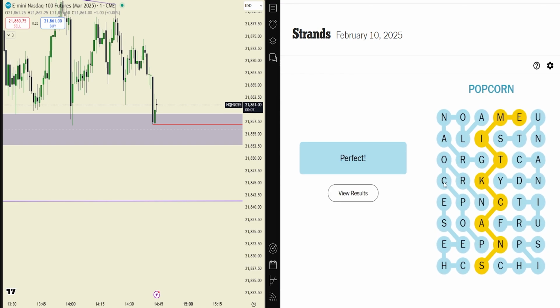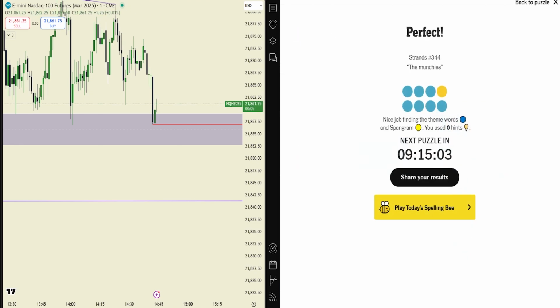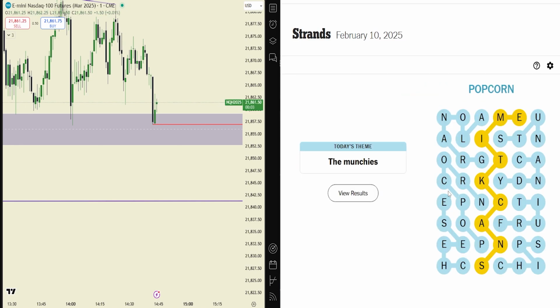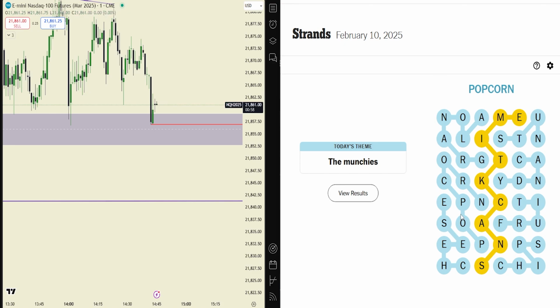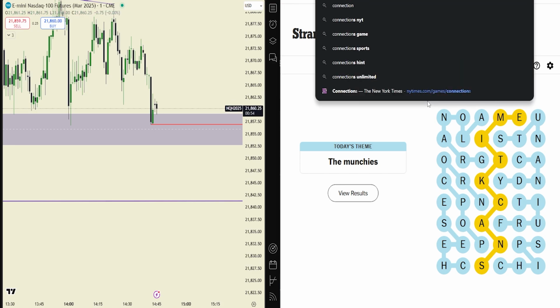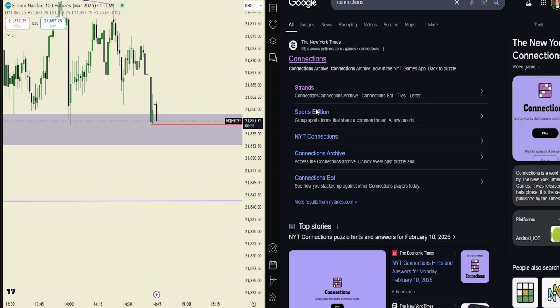Crepes. Crepes. Yeah, I guess. Is that there? Crepes? No, it doesn't work. Great team effort. Yes. It was.